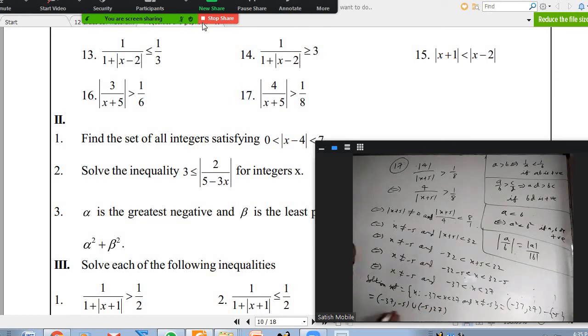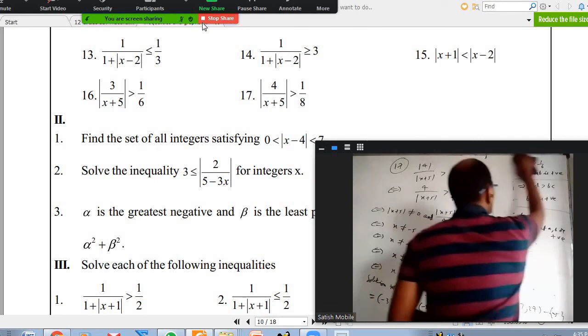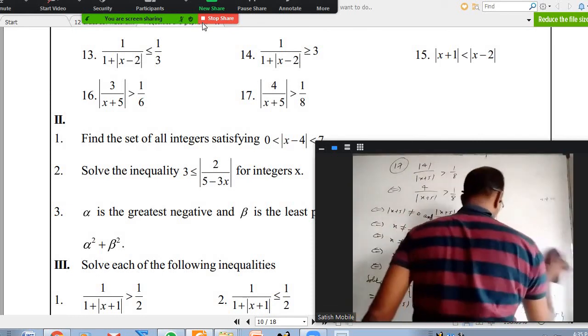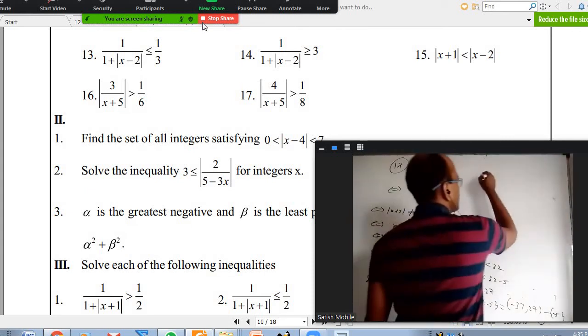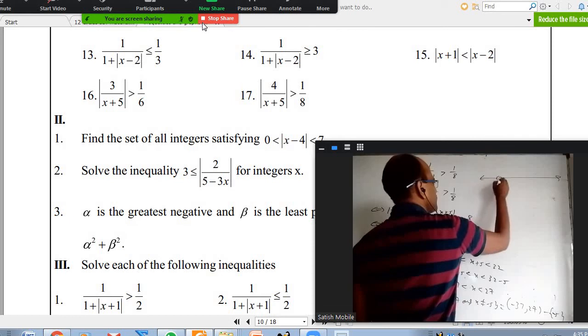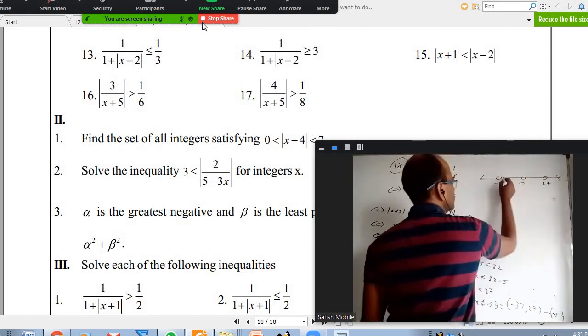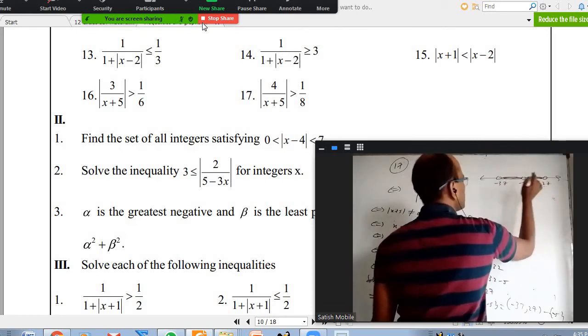Want to mark on the number line? On the number line, minus 37 is there, minus 5 is there, 27 is there, everything here except this one.